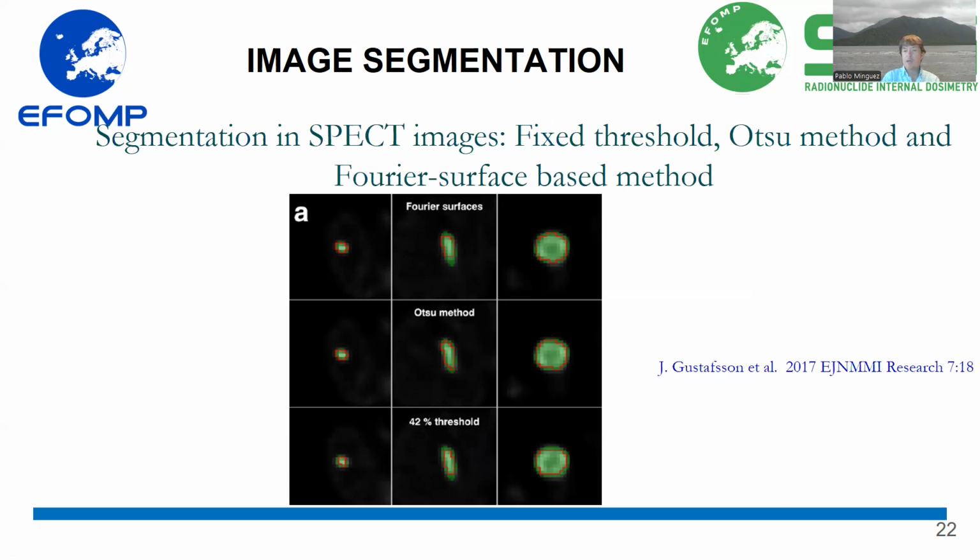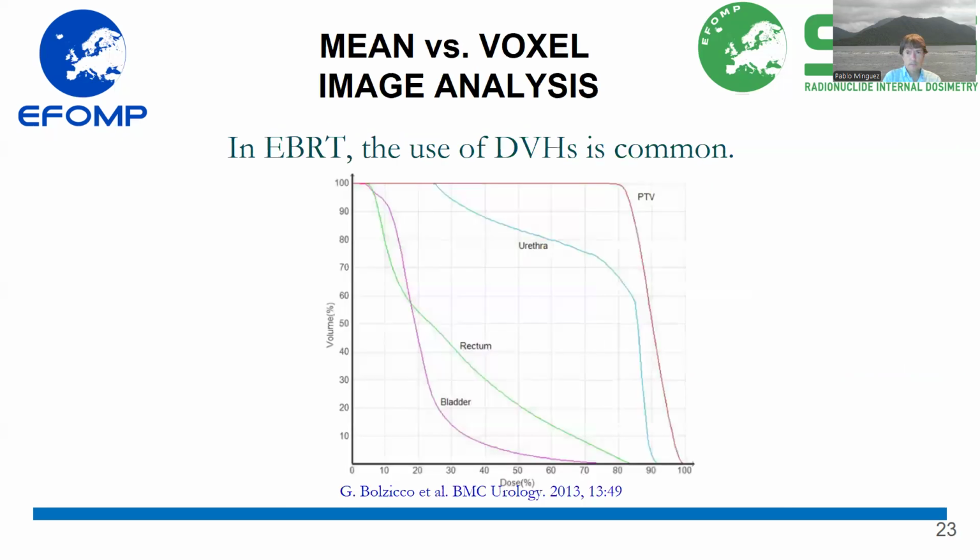And again, we have to be careful because not always the more complex method will give us the better result. We always have to check it. So those were the main segmentation methods, and depending on what we are interested in, we have to study what method suits us better.